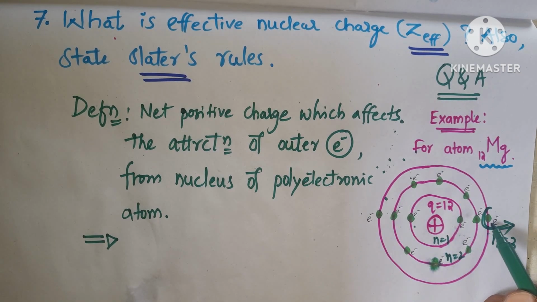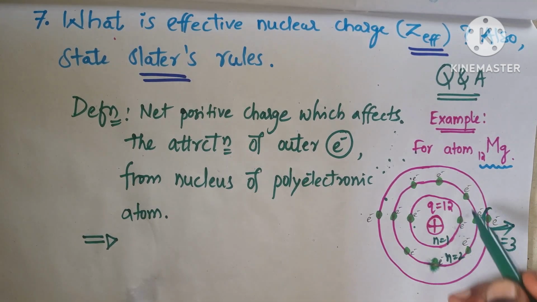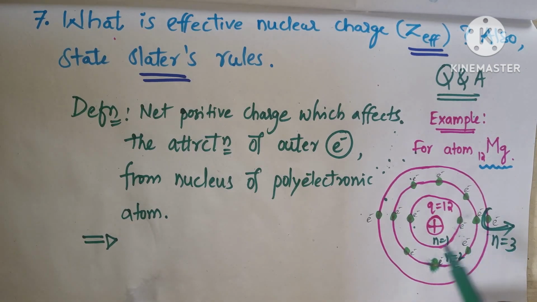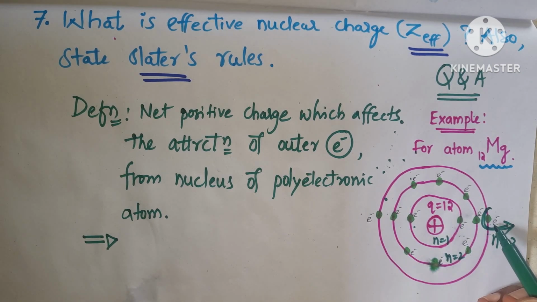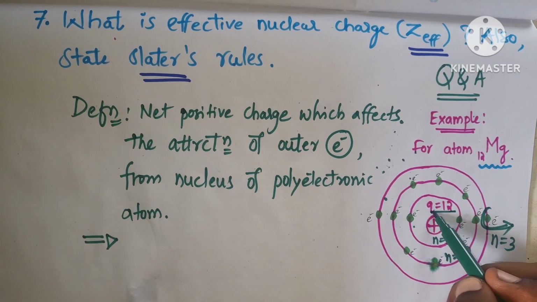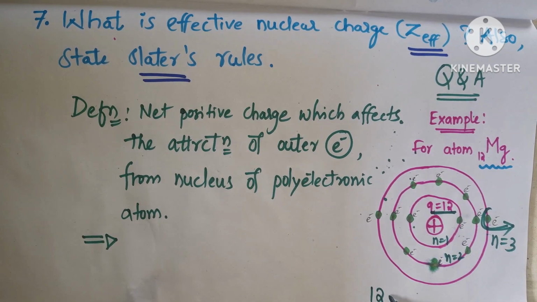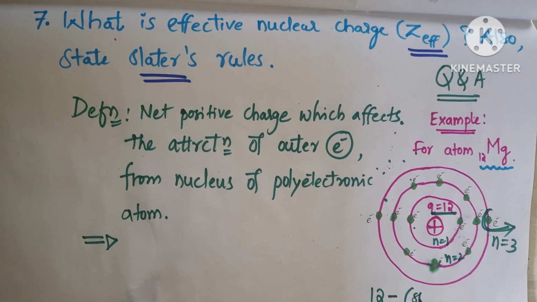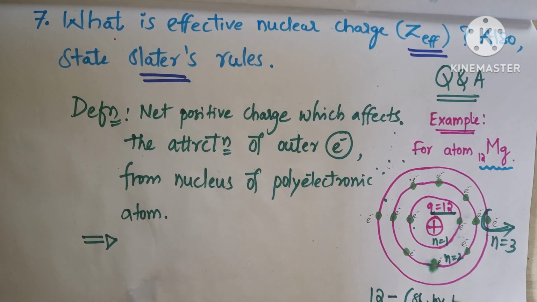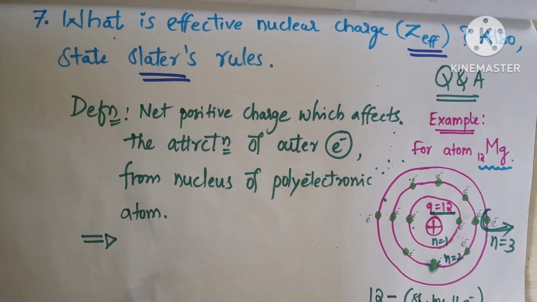So apart from this electron, there are totally 11 electrons that are somewhat shielding this 12th electron. So here the charge exposed on this particular electron is not exactly 12, it is 12 minus something that is shielded by the rest of the 11 electrons.